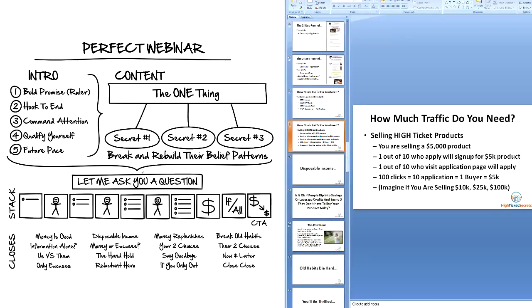Because guess what all of them are thinking at this point. I just did this whole future pacing about them making 10 or 25 or 100 grand. They're so excited. But then they get that feeling where they're like, wow, I don't know how to do that. It's going to be a lot of work. And that's when you come in and save the day. You say, look, let me ask you a question. All that stuff we just covered, it's exciting, right? You just imagine 100K. What would that do for your life? Okay, it's pretty cool, right?